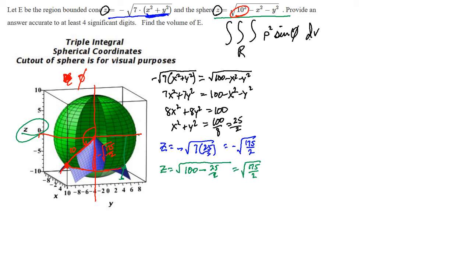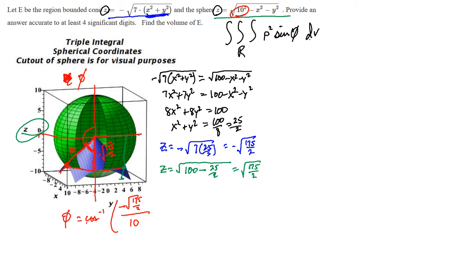So we can find that angle. In fact, it'll be the same as this one by doing the arc cosine of negative square root of 175 over 2 over 10.